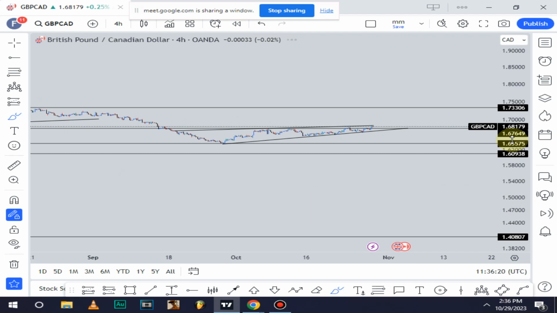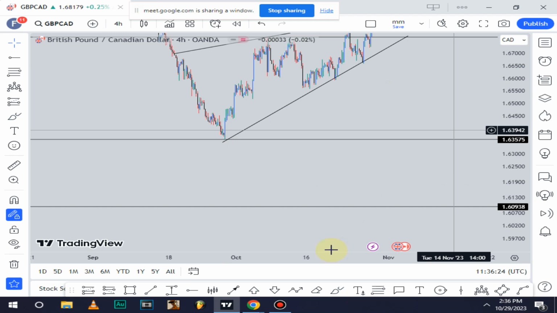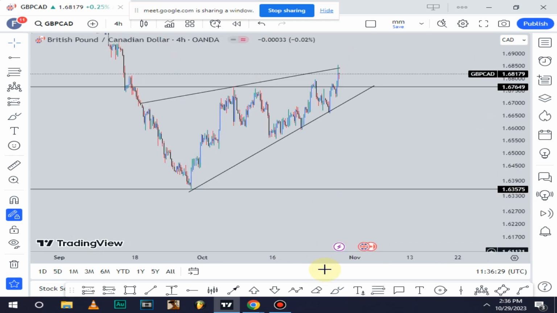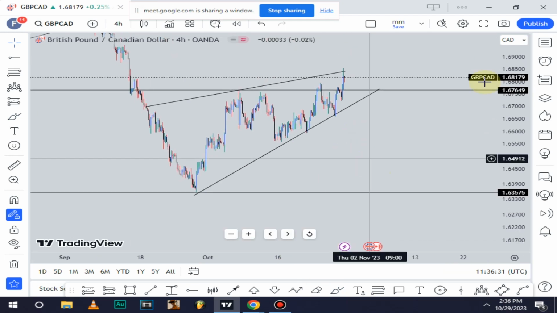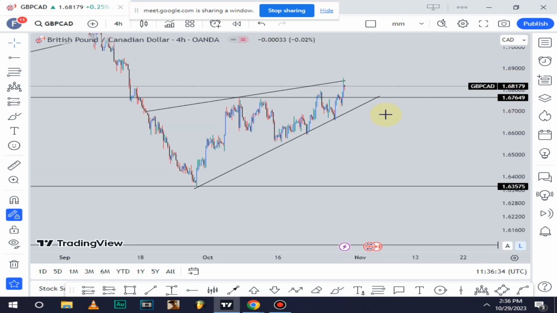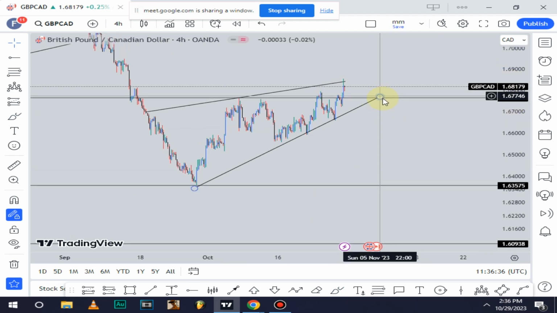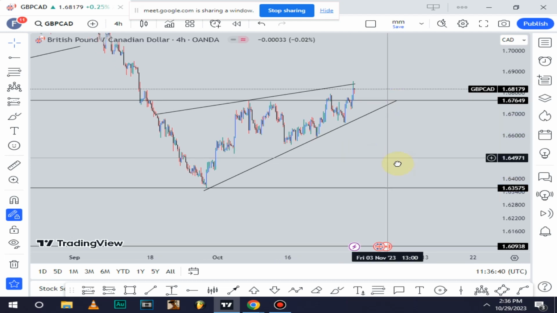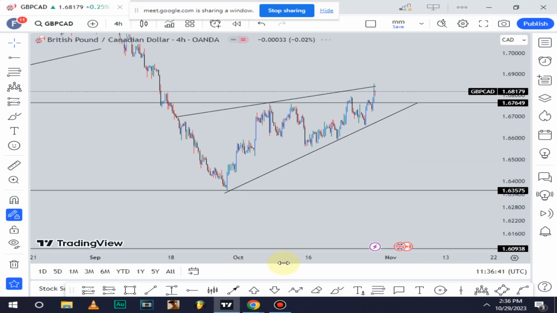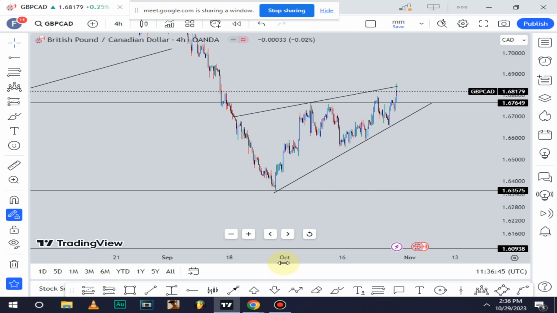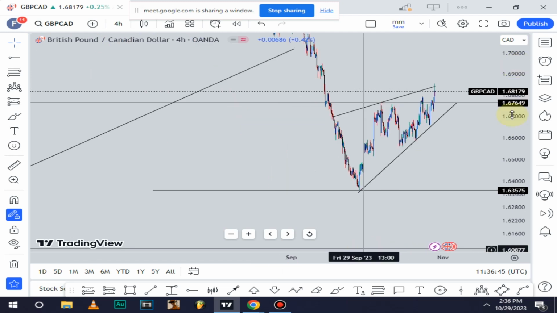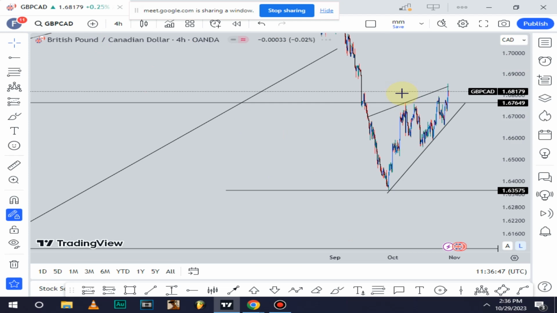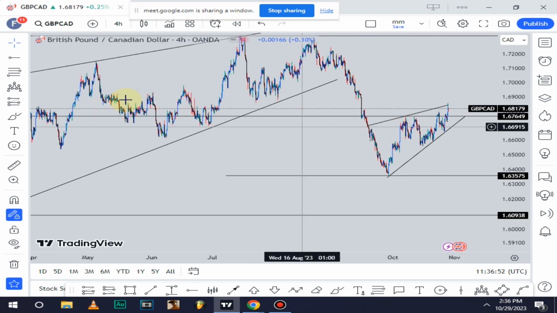Right there. Right, so this is how the 4 hour is looking. Okay, we need to understand what the market is currently doing. So you can see that the market has given us some sort of a third touch. 1 2 3, let me see.